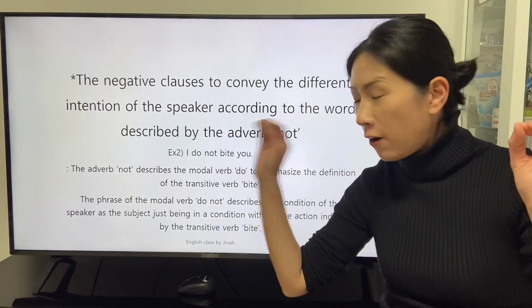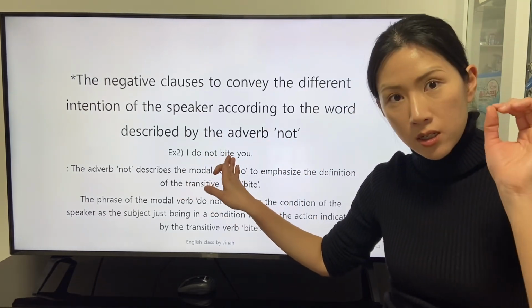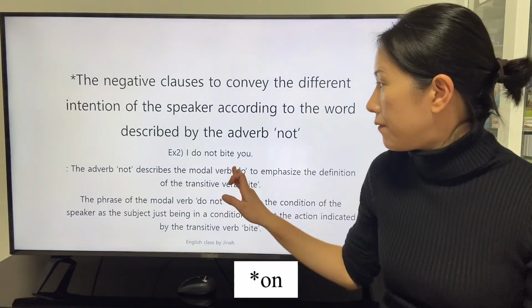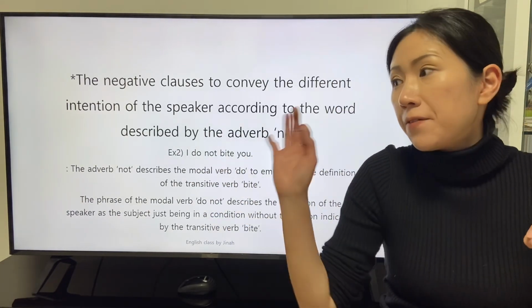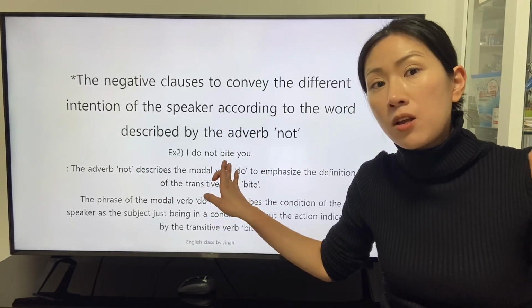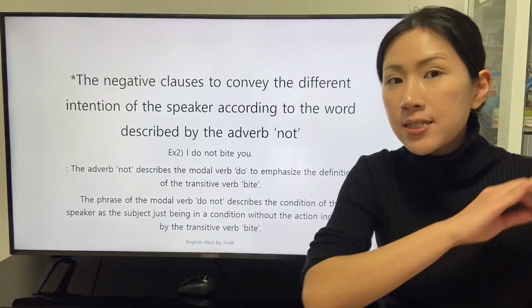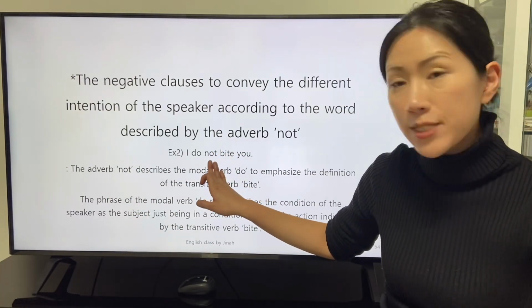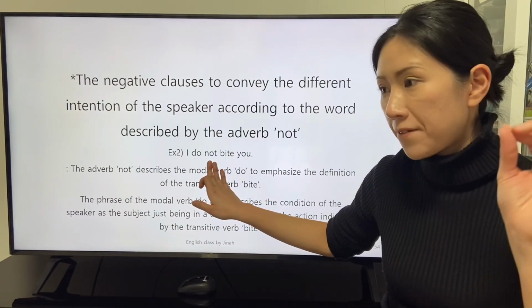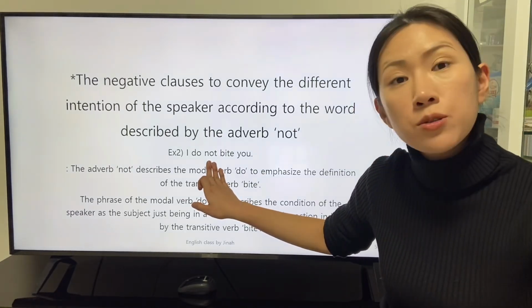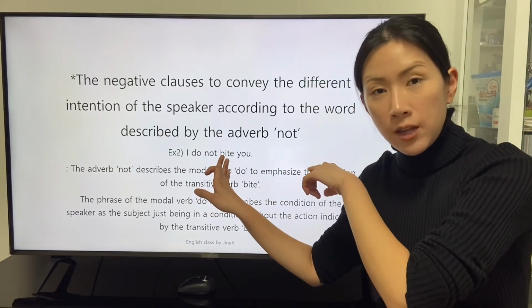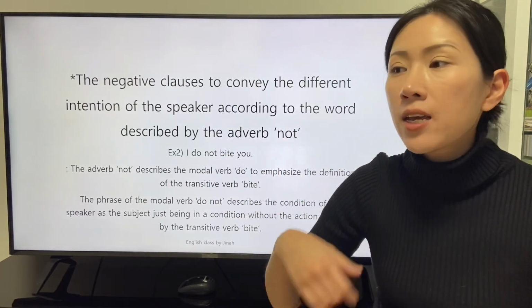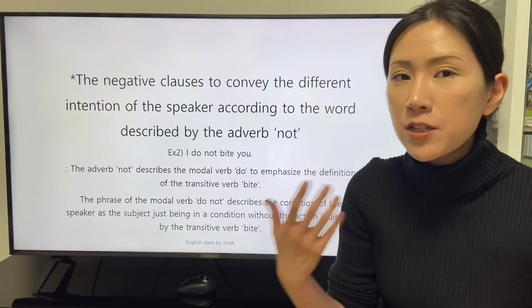The effect of the indirect description by the adverb is that the ambiguity, the opposite definition of the action indicated by the transitive verb bite, is removed, because the direct description of the adverb not to describe the definition of the transitive verb bite conveys the ambiguous intention of the speaker.